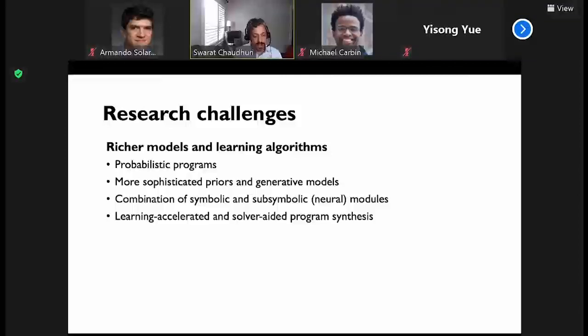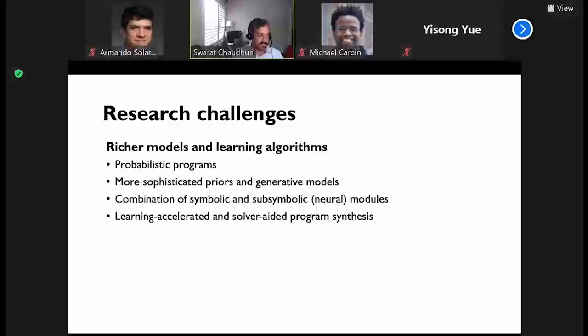So the kind of program that I've showed so far, these are fully symbolic, but you could imagine models where you have symbolic pieces for the higher level reasoning parts, but then you also have modules that are neural networks that capture maybe representations of the world, maybe learned through self-supervised learning or something like that.